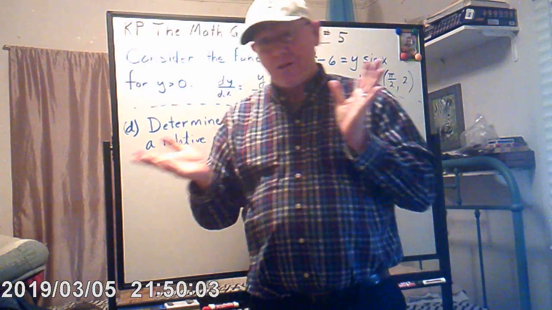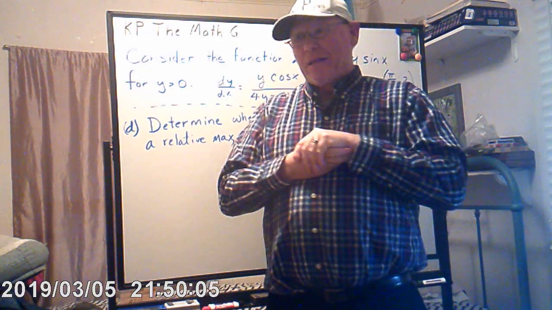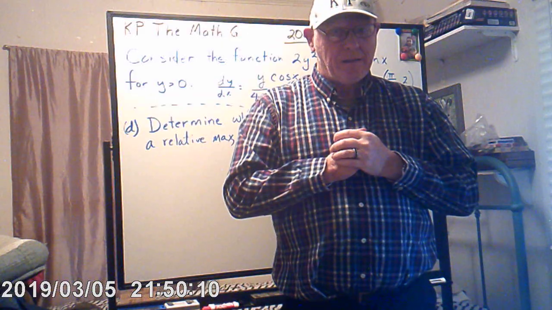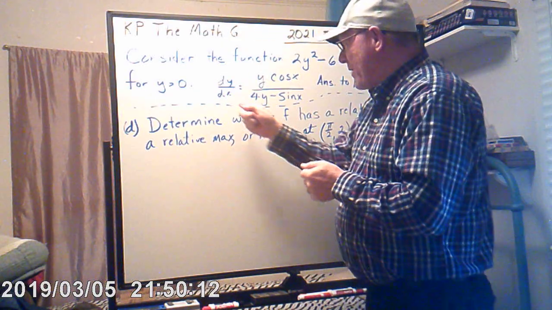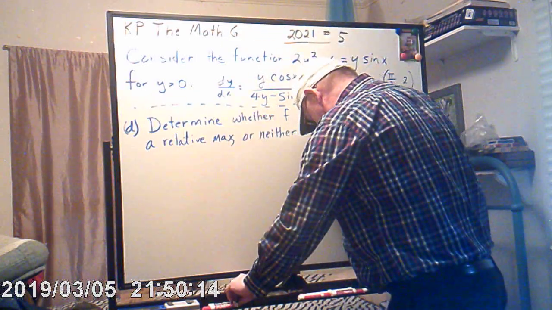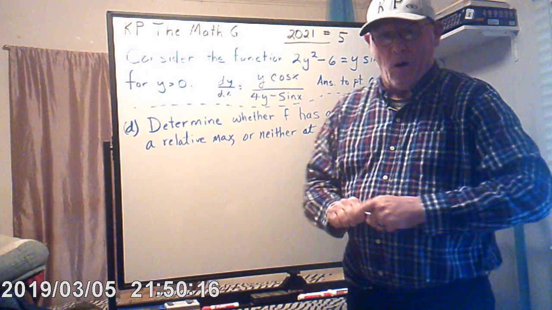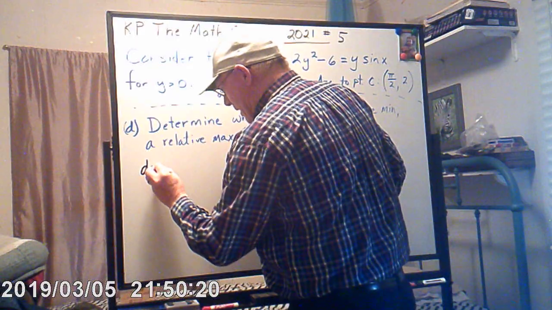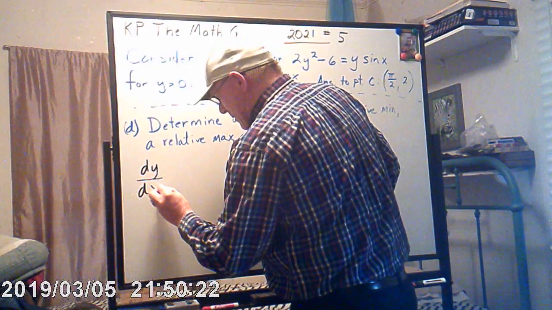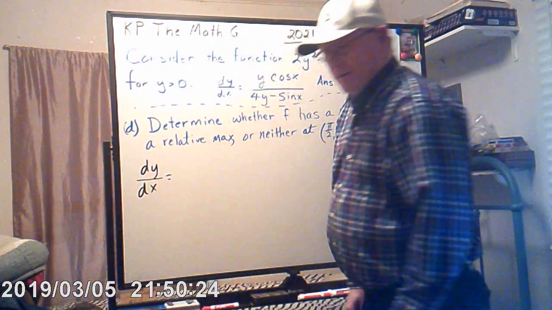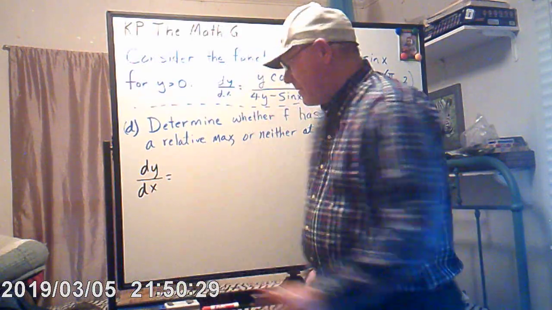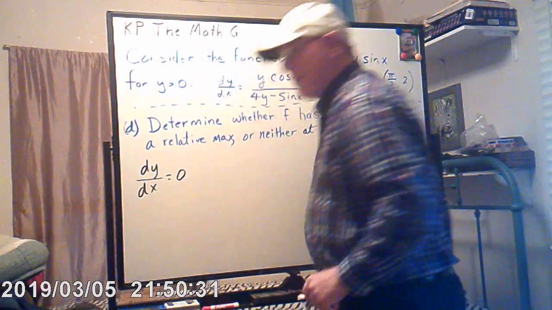Well, first of all, you might think about relative maxes and relative mins. And you hope that dy over dx, the slope, is equal to what? Absolutely, it should be equal to 0.